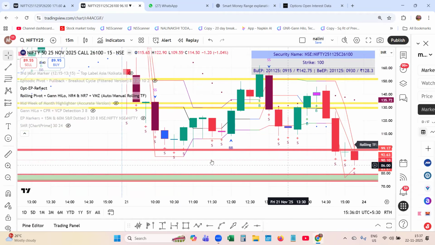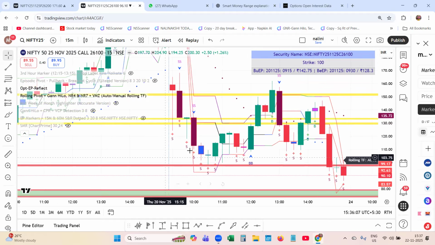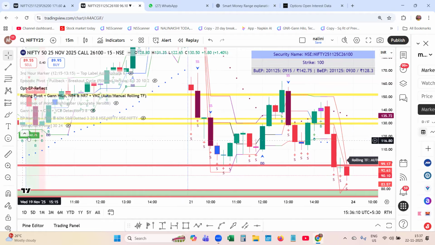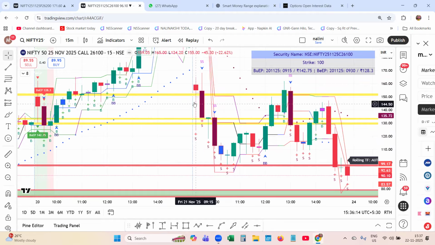Here, this call option came to 97, exactly to the level. And you are taking the trade. It is coming down, it is crossing these boundaries, and again it is crossing this boundary going up to this.